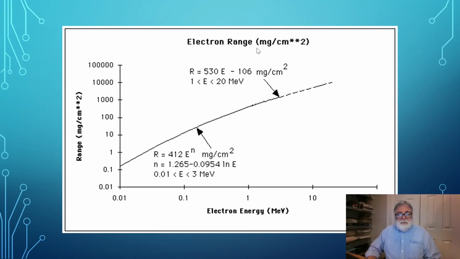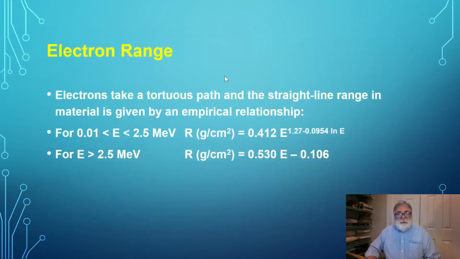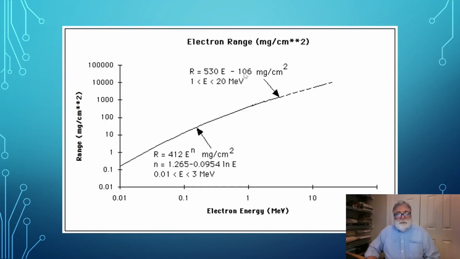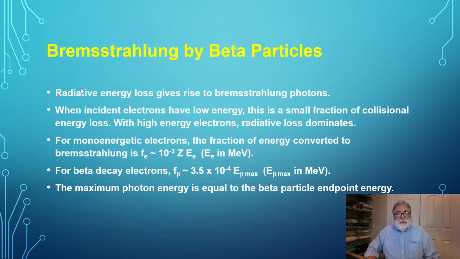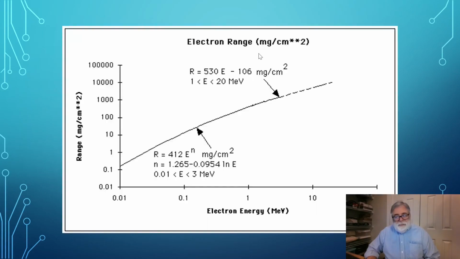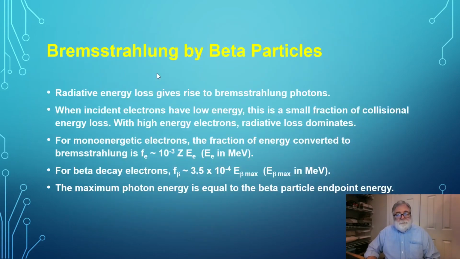This is expressed in milligrams per square centimeter. This formula is in grams per square centimeter, and that explains why the front is multiplied differently. Okay, but what about beta particles? Well, I just said the point I wanted to make. You use max energy to determine the range. We were shielding everything out.